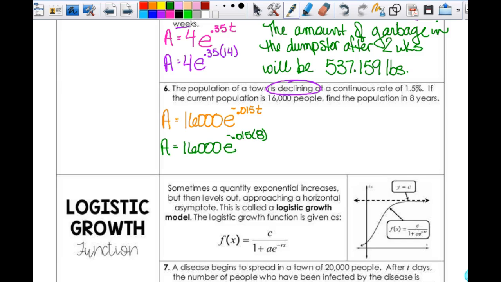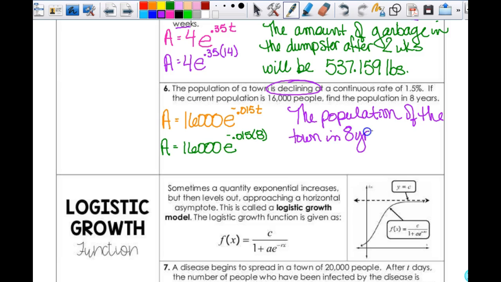Okay, so very good. Does that make sense? Okay, so I can say the population of the town in 8 years will be.